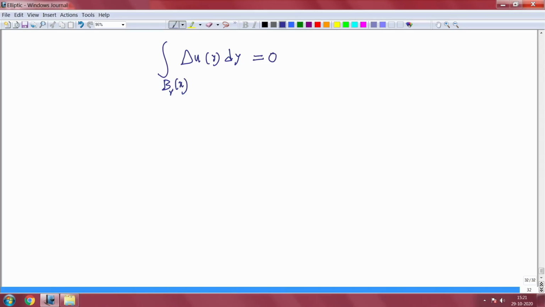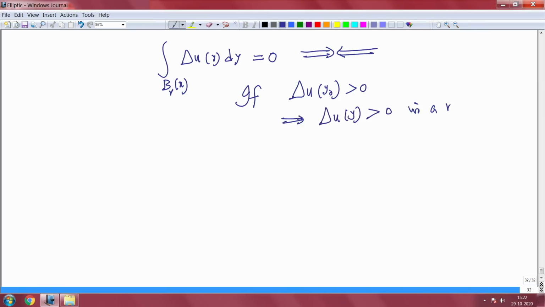Now, that gives you a contradiction. Why is this a contradiction? If Laplacian of u at some point y naught is positive, by continuity Laplacian of u of y will be positive in a neighborhood of y naught.